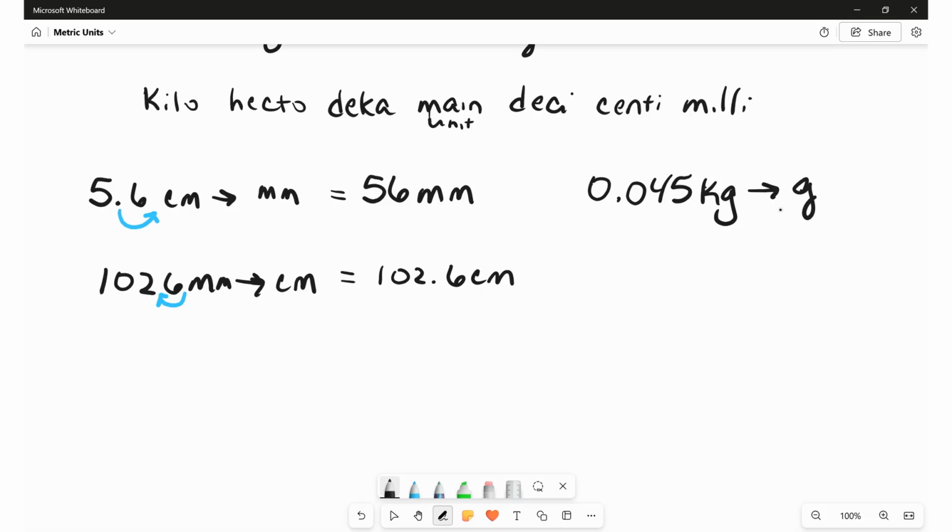Well, we start at kilo. So imagine you're on a game board. You're here at kilo. You have to move to hecto, to deca, and then to your main unit. So that means that we are going to move that decimal place 1, 2, 3, and drop it. So that means that this 0.045 kilograms is equal to 45 grams.